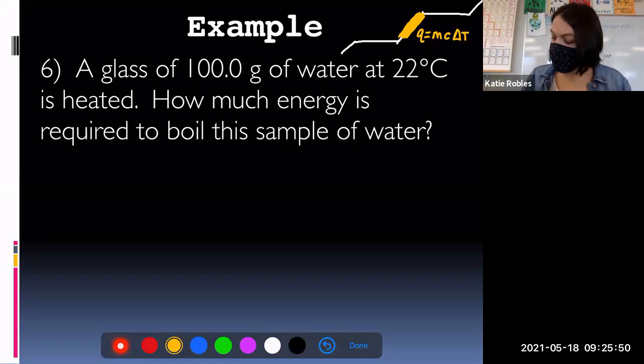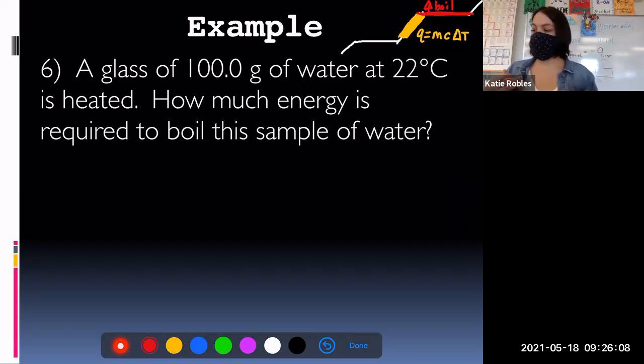From there, then I can boil it. I can go through this portion of the graph, and that portion of the graph is the Q boil. So I have to do really two equations. What I like about these is that it makes you think from beginning to end of what this means.